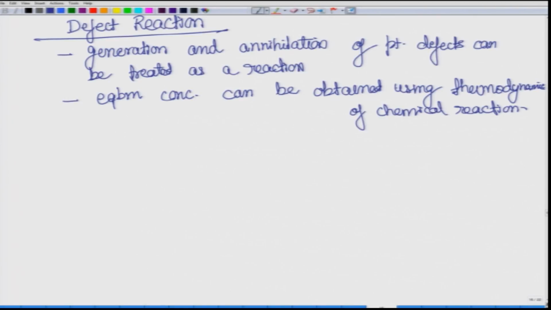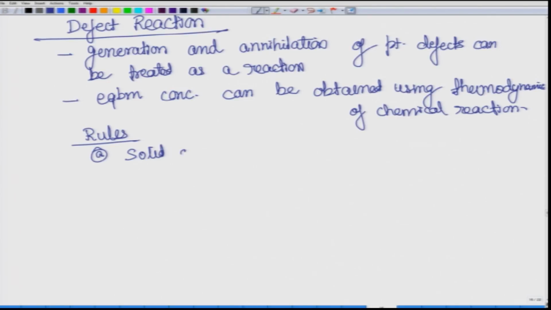So, now when we treat a defect as a reaction, then there are certain rules. What are those rules that we must ensure are taken care of before we can call it a reaction? So, first one is that a solid containing defect should be treated the same as a solid solution. Whether you have A plus B, 2 different atoms, or you have A plus some defect, both of them are like a solid solution.